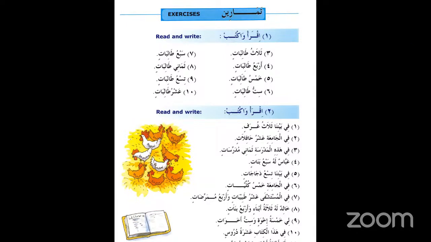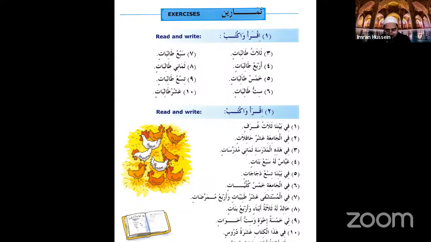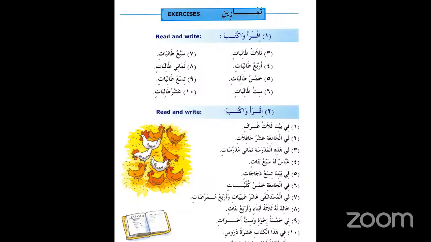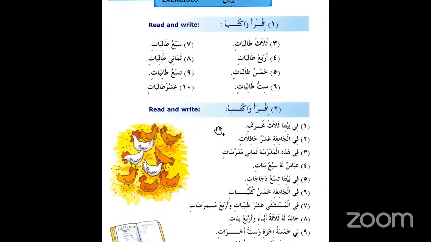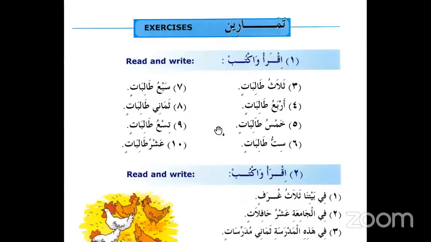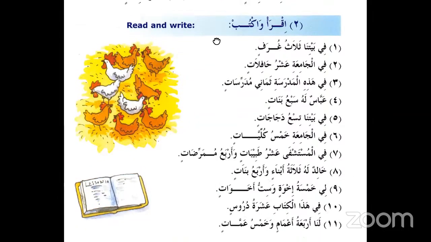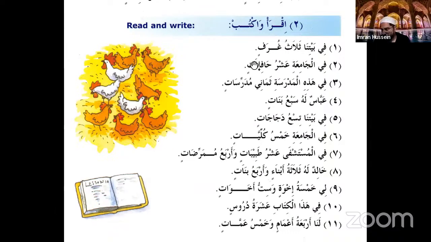Bismillahirrahmanirrahim. Fi baytina thalathu ghurafi. In our house, there are 3 rooms. Correct.